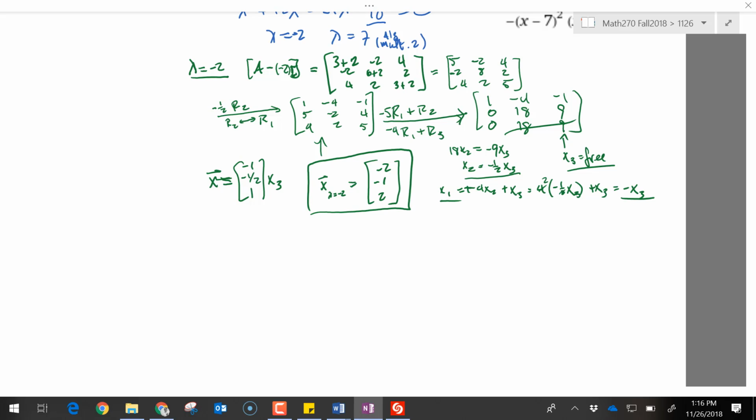Should we just use a calculator now? You guys got the general idea. So if I try lambda equal to 7, I should get 2 free variables after I reduce, right? And then you're going to get 2. All right, so let's just put it into Wolfram Alpha then.